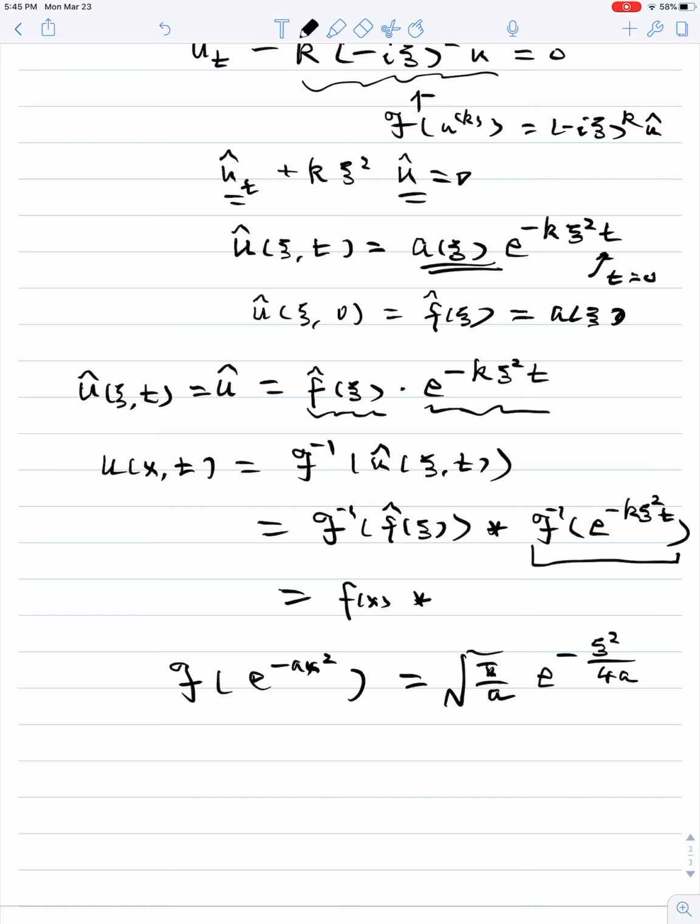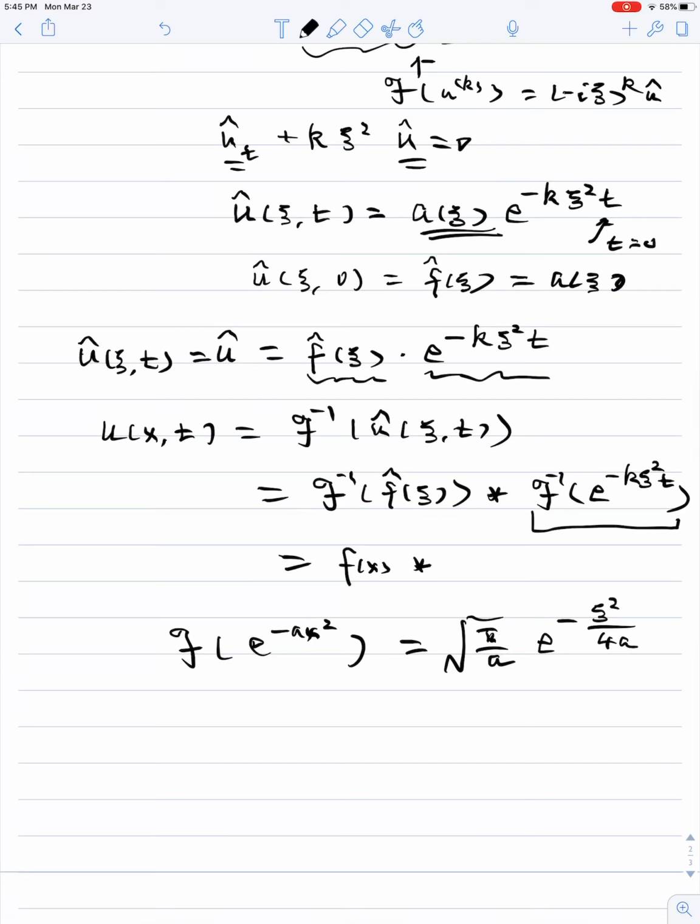In this case, if you replace a by 1/(4kt), then the inverse Fourier transform of this term is e^{-x²/4kt}, and there is a coefficient here that is 1 over the square root of 4πkt.